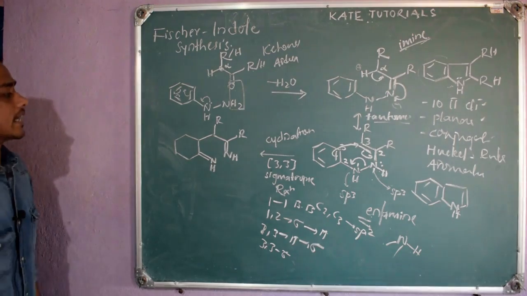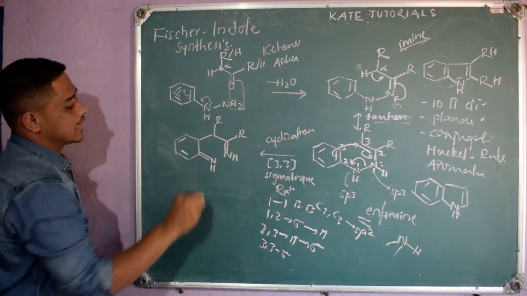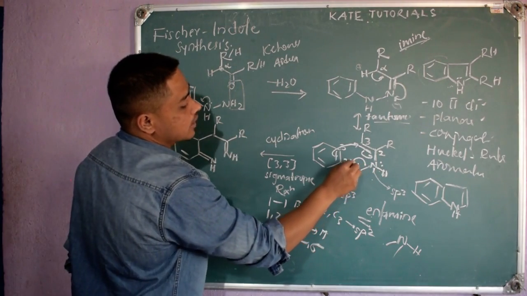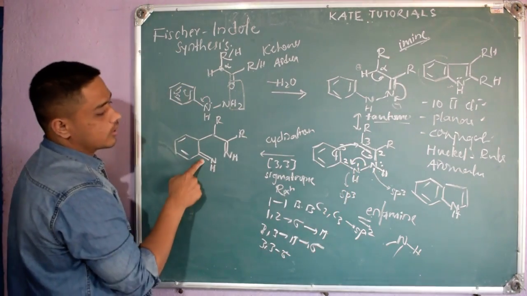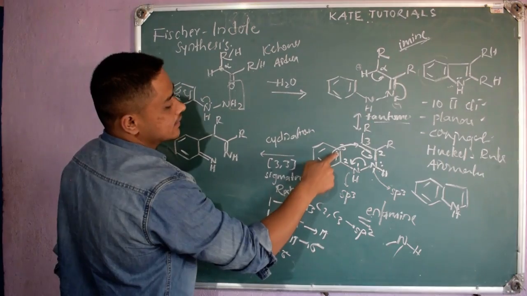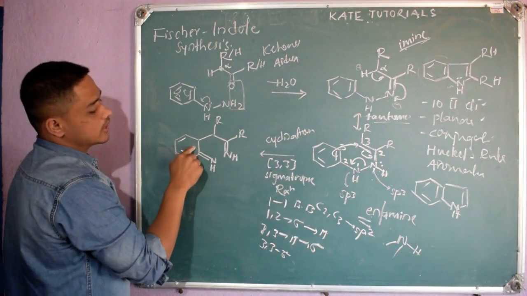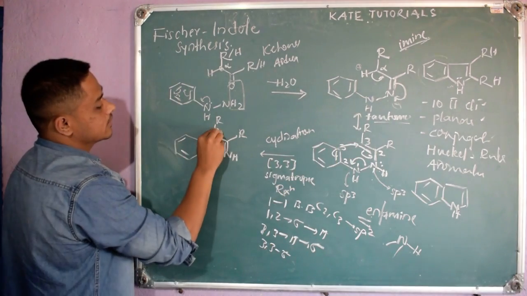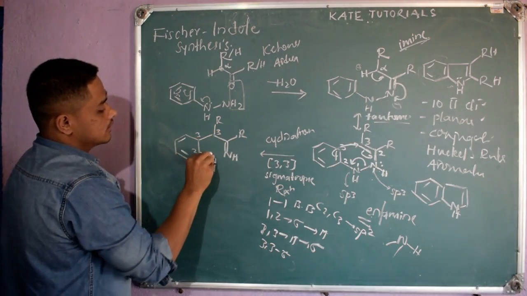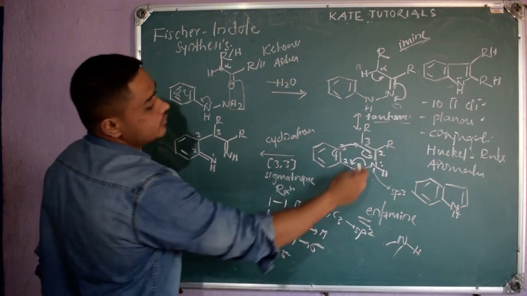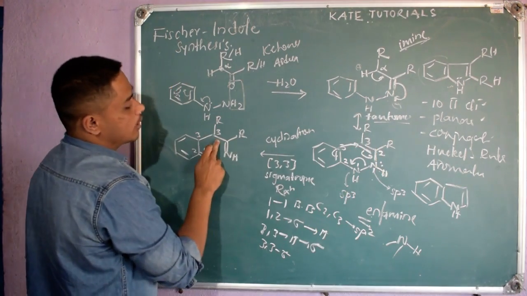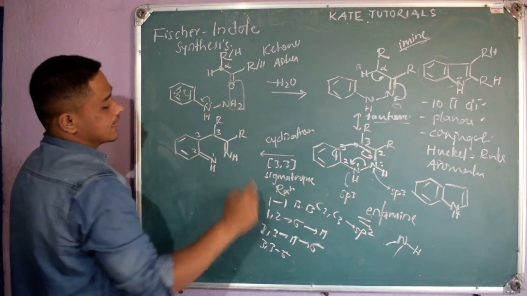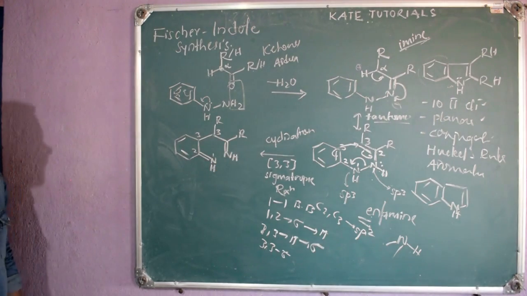So the reaction happens. The nitrogen bond is broken, here is the nitrogen-carbon double bond, this pi bond is broken, and the 3,3 bond is formed. The pi bond became a sigma bond, and the sigma bond became a pi bond, giving a double bond NH. This is how the reaction happens.